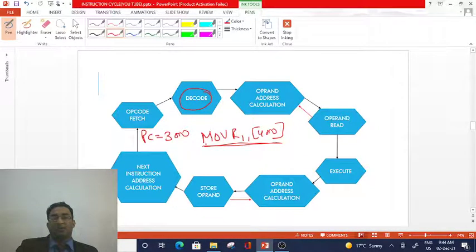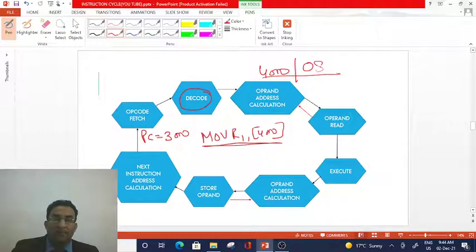After decoding, the processor will come to know that there is an operand at memory location 4000, so this is the operand address, and from location 4000 the operand will be read from the memory and come into the processor.